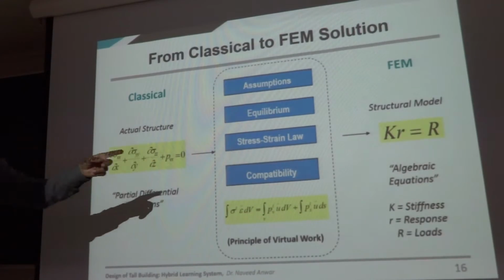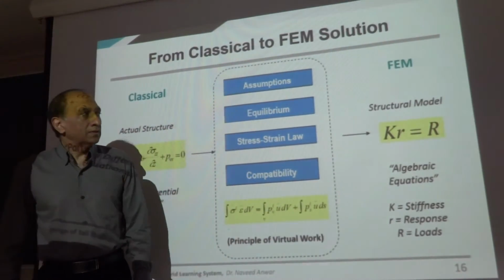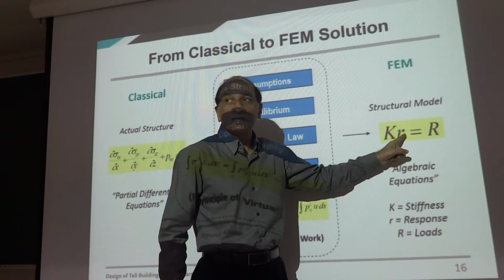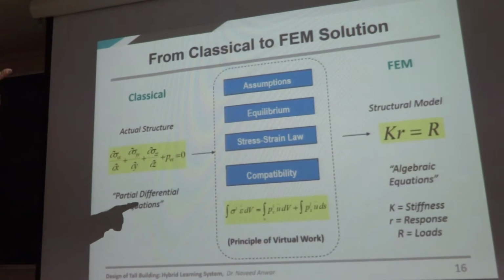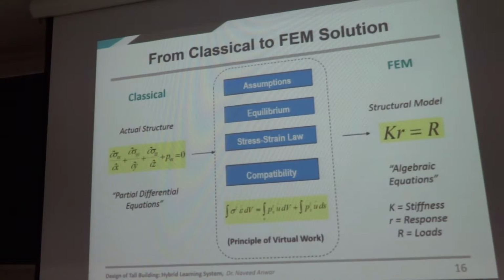So basically, the problem in the real structure is that there is not one displacement, there is not one stiffness, there is not one force. Too many things are happening. Like in that frame, there are 3 beams, 2 columns. So when I say K is equal to 1, actually that should not be anything, because the stiffness of columns will be different, the stiffness of beams will be different.